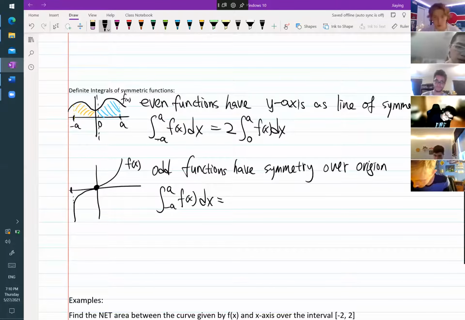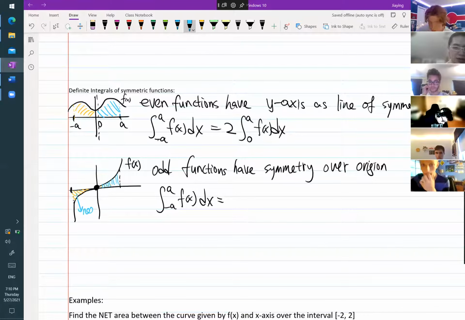And if we're integrating an odd function from negative a to a of f of x dx, I'm going to draw this diagram here for this shaded region. The left side of the origin and the right side of the origin have the same area in terms of magnitude. But the problem is that the left side is below the x-axis, so this part has a negative area.